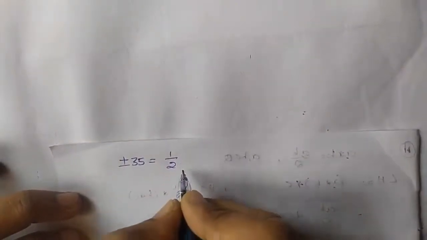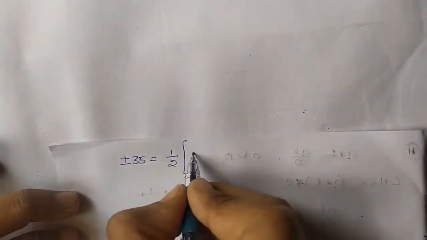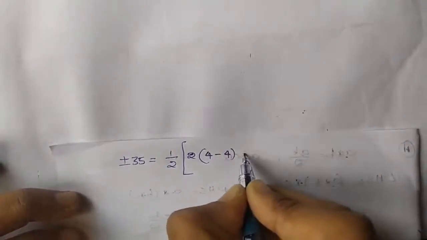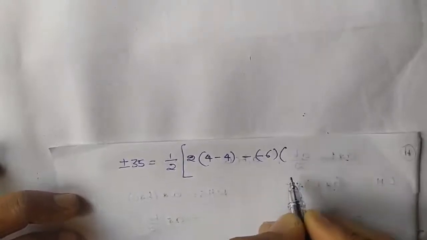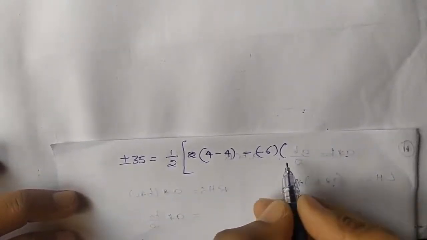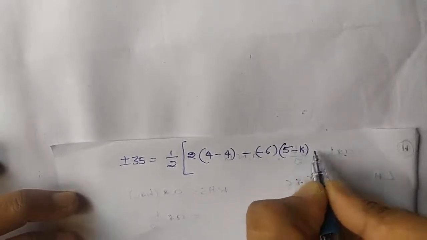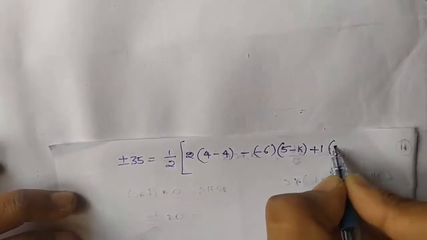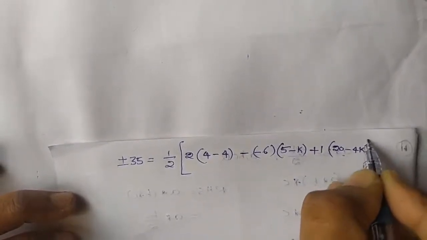In the left hand side, plus or minus 35 equals 1 by 2 into, now if we evaluate that determinant, 2 into 4 minus 4, minus of minus 6 into 5 minus k, next plus 1 into 20 minus 4k.